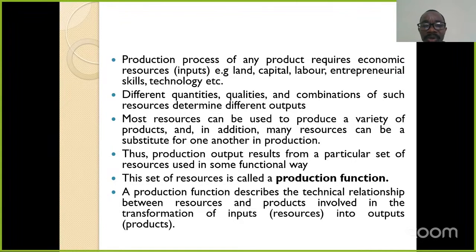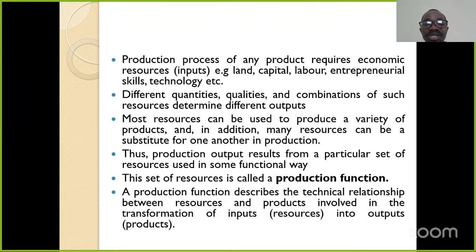So when we are talking about production function, we are talking about the relationship between the inputs that are put into the production process and the output that comes out of the production process. You see that different quantities or qualities and combinations make up different output.